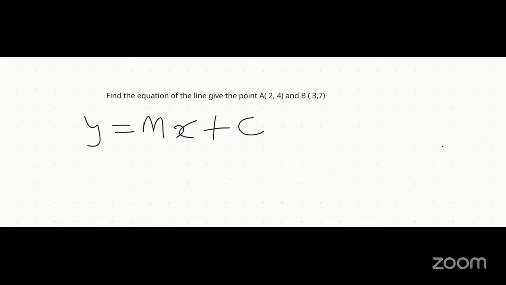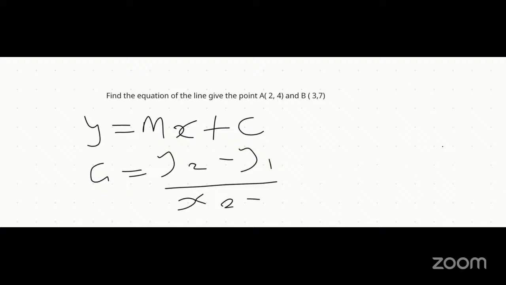What's the formula for finding our gradient? Gradient will be equal to y2 minus y1 all over x2 minus x1. So what's our y2 minus y1 from the question? 7 minus 4. Very good.